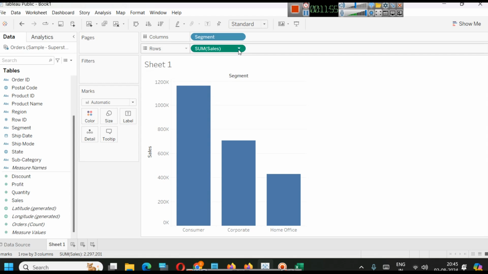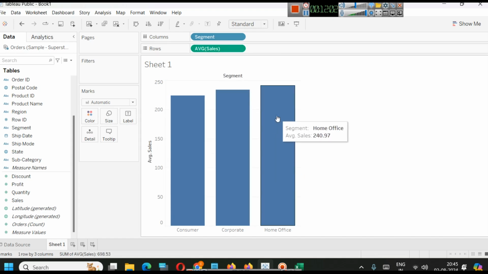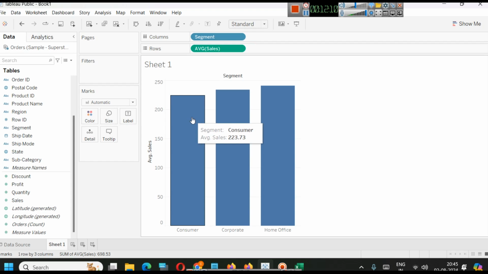But if an office orders something, its order value will be higher. Consumers have bought items worth $223.73 on average, and home office $240.97, right? This is a differentiation that you can see here.